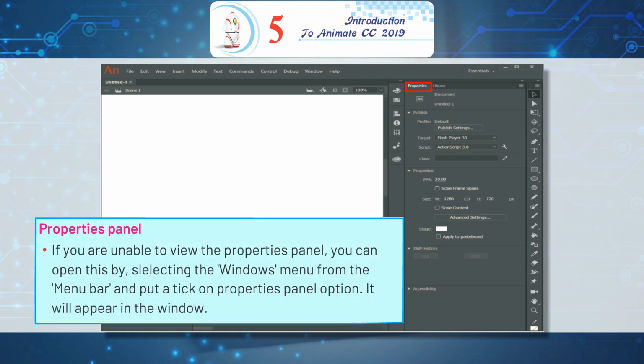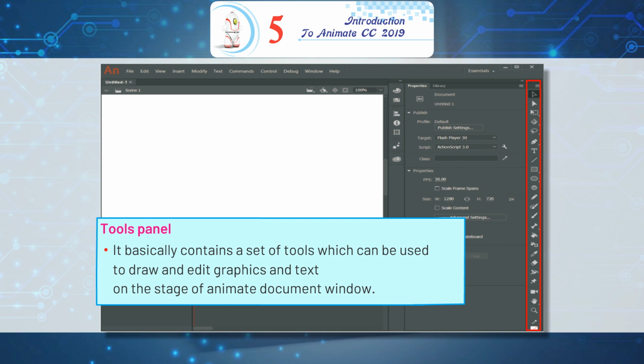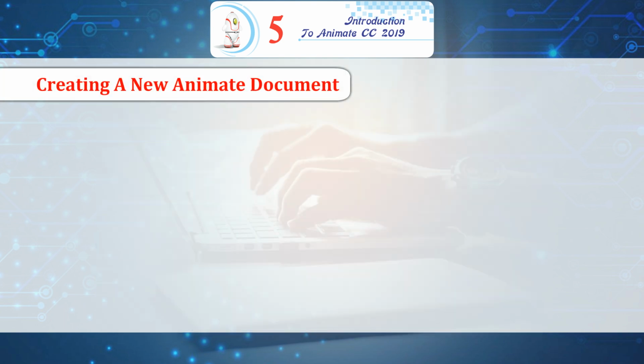If you are unable to view the Properties panel, you can open it by selecting the Windows menu from the menu bar and putting a tick on the Properties panel option. It will appear in the window. Tools panel. It basically contains a set of tools which can be used to draw and edit graphics and text on the stage of the Animate document window.